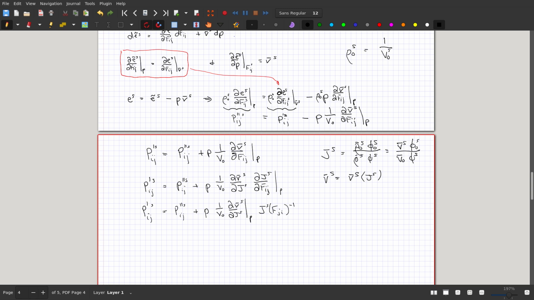Okay, so now we have an expression for P prime of S in terms of P double prime of S, and P double prime of S is something we can do an experiment on, right? It's the partial derivative of the internal energy with respect to Fij holding P fixed, which includes P equal to 0.